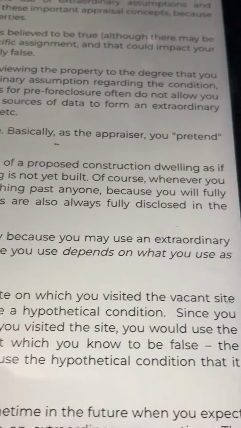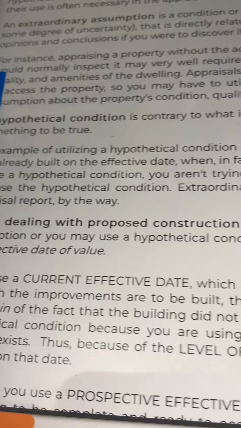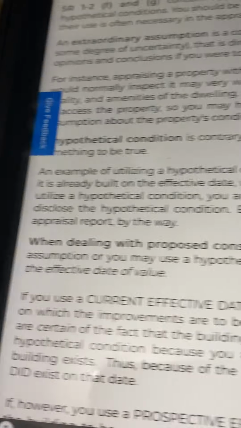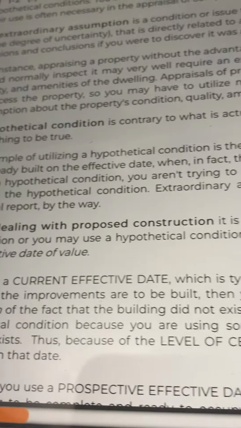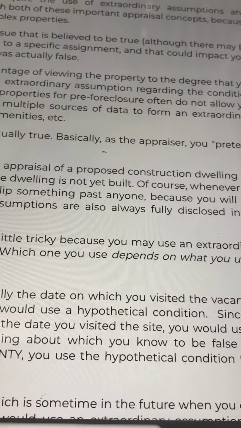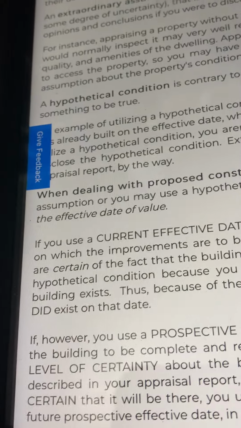Of course, whenever you utilize a hypothetical condition, you aren't trying to slip something past anyone, because you will fully disclose a hypothetical condition. Extraordinary assumptions are also always fully disclosed in the appraisal report, by the way.